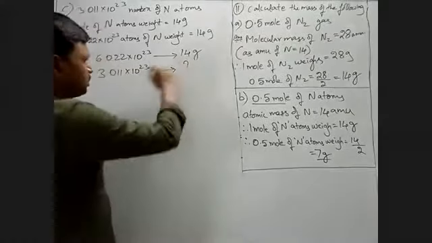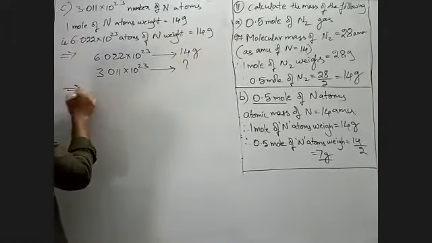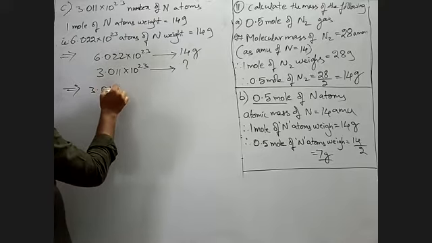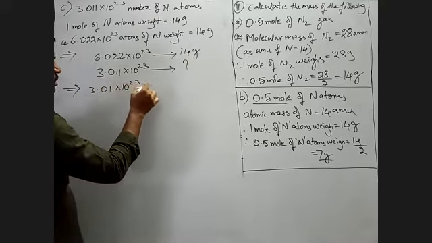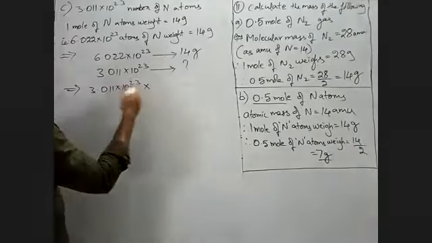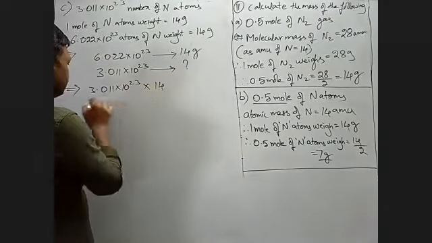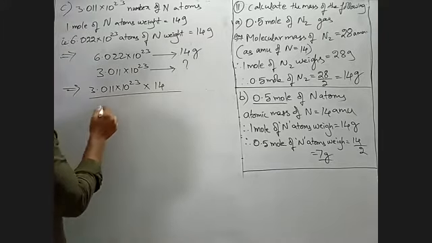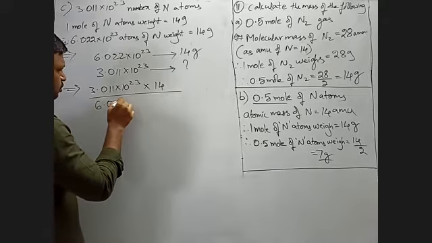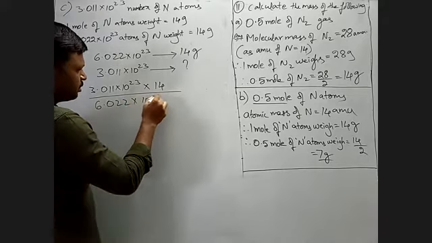Cross multiply. 3.011 into 10 power 23 into 14 divided by 6.022 into 10 power 23.